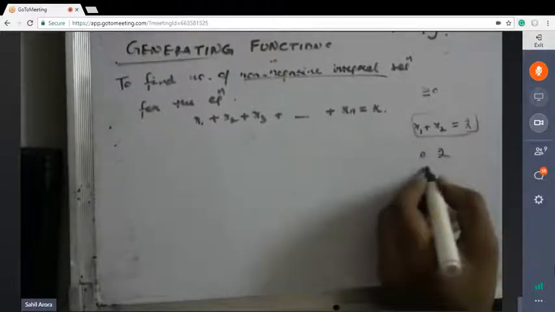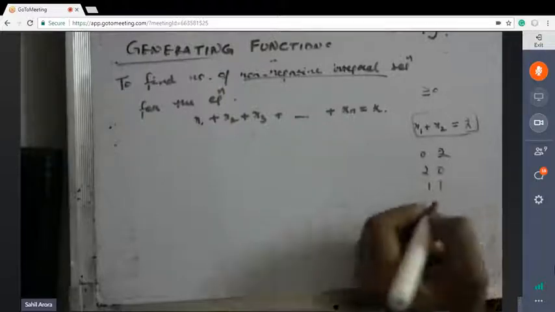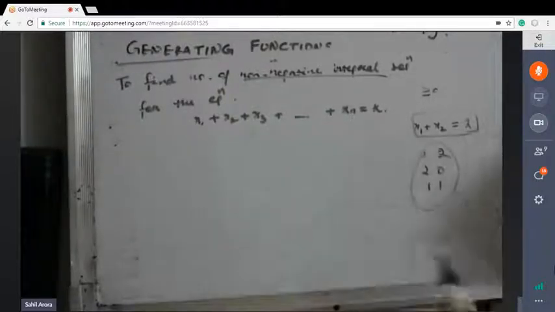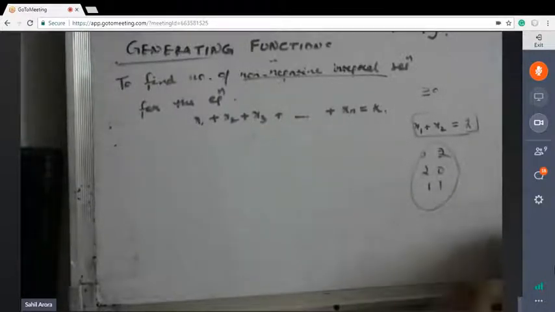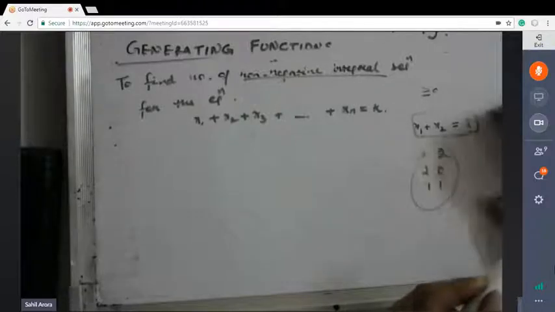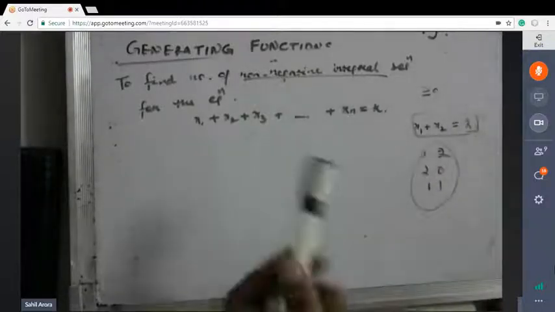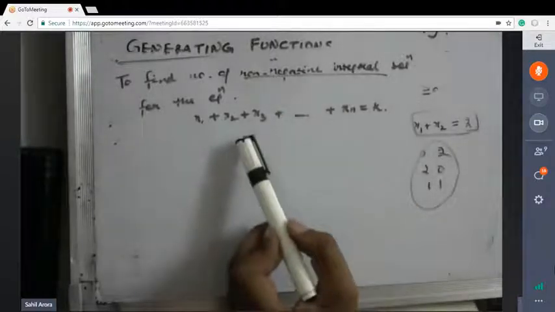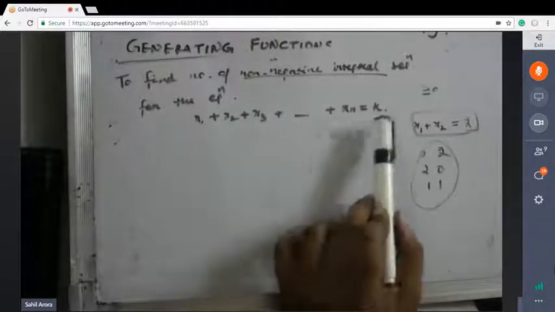I can take 0, 2; 2, 0; or 1, 1. No other solution is possible. So the number of non-negative integral solutions for this equation would be 3. We need to find in a generalized fashion the number of non-negative integral solutions for x1 plus x2 plus x3 and so on up to xn equal to k.